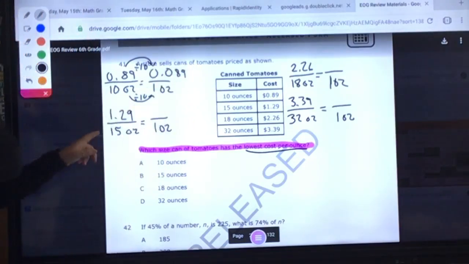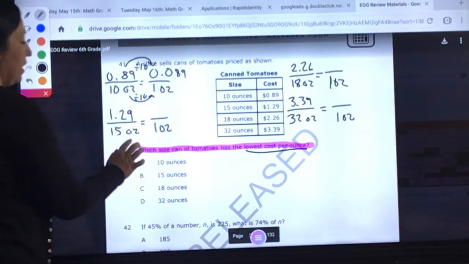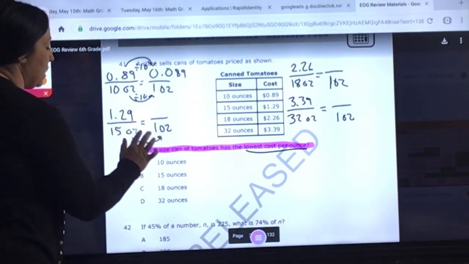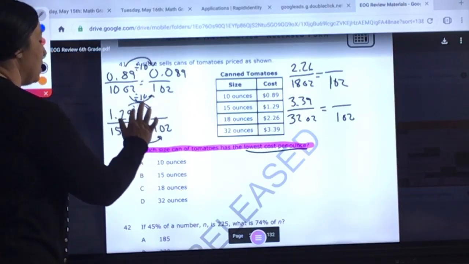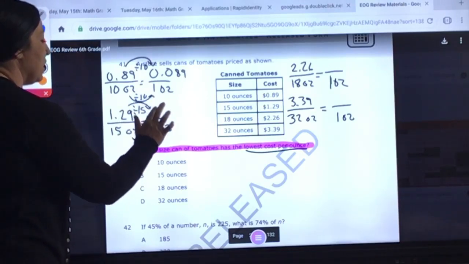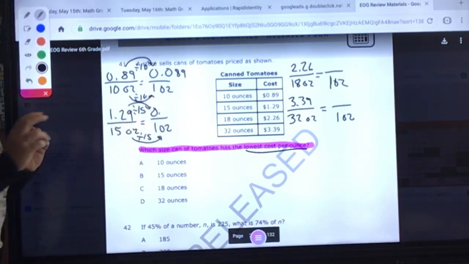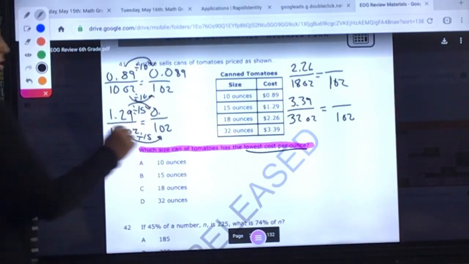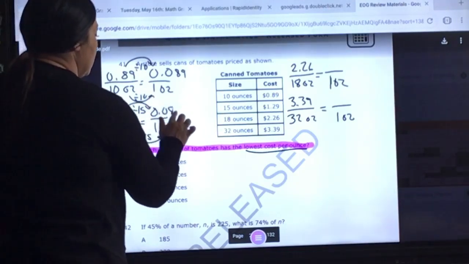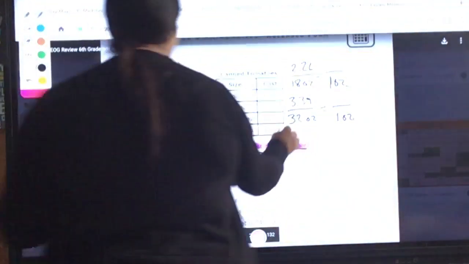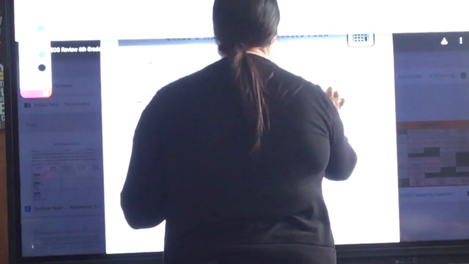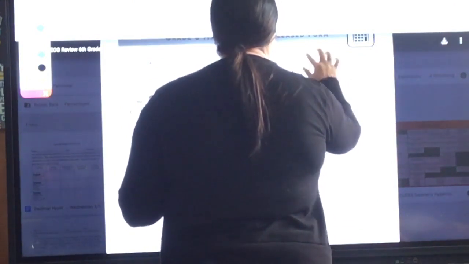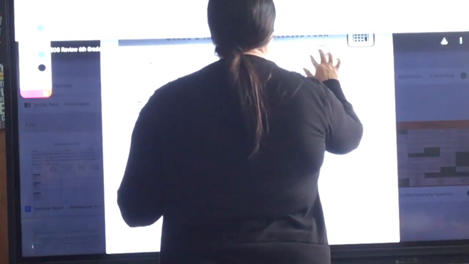Okay. All right, the next one, you have $1.29. You are dividing by 15. When you divide $1.29 divided by 15, what do you get? Kylie. 0.086. All right, over here, when we divide $2.26 by 18, what do you get?